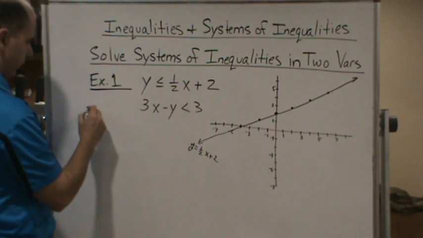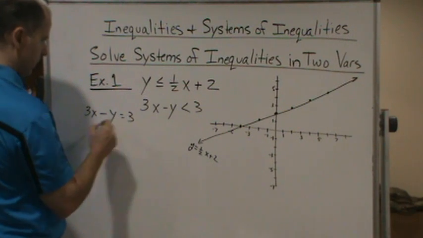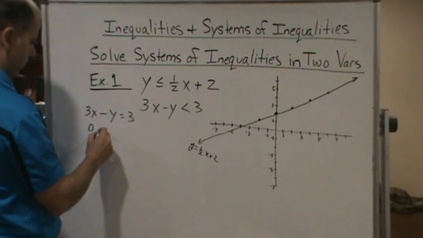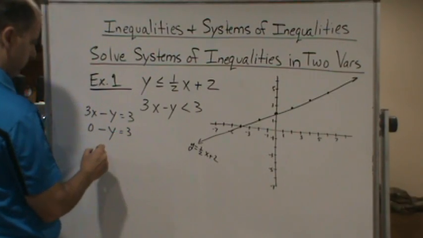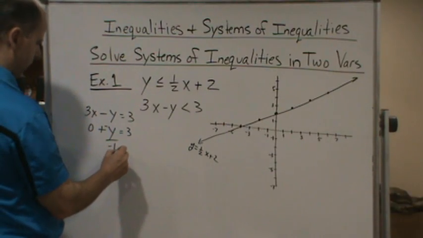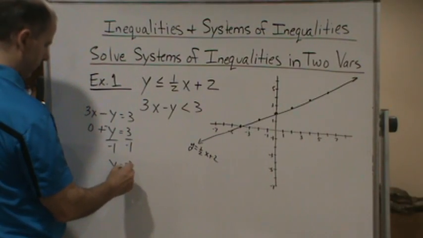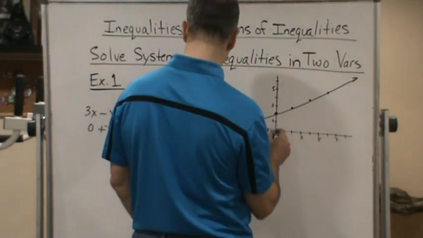Using the equation, if x is 0, we get 0 minus y equals 3. So this is a negative y, so we divide both sides by -1, and we get y equals -3. So 0, 3, or excuse me, 0, -3.